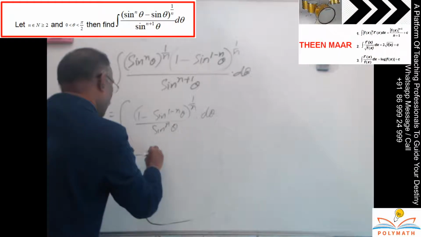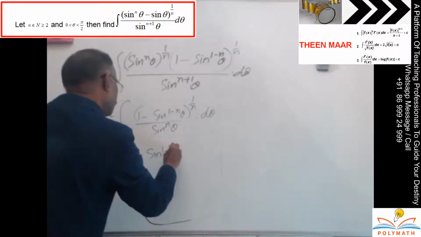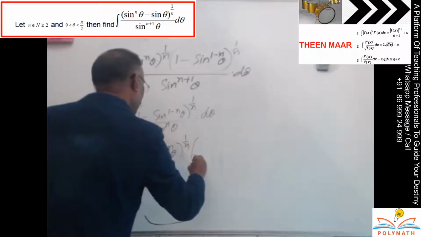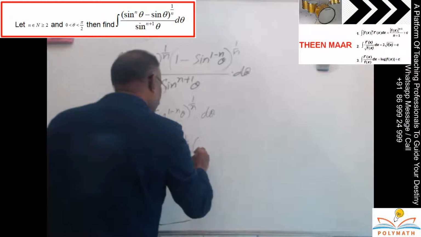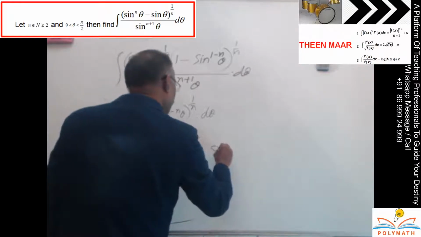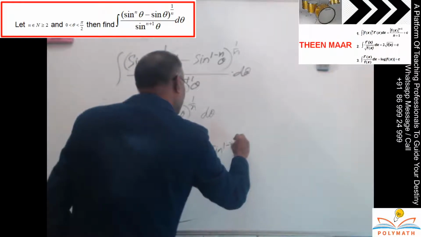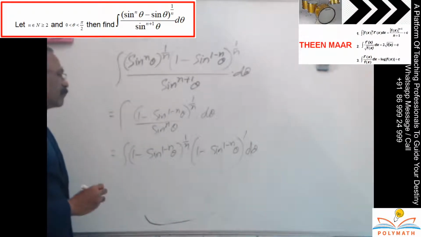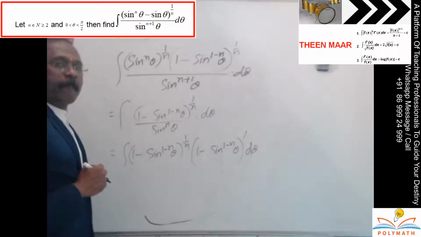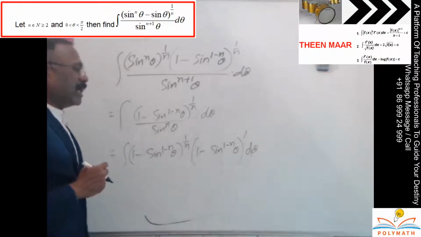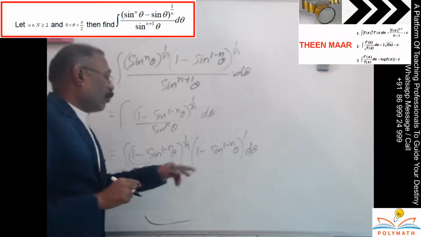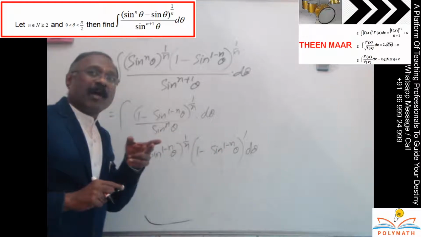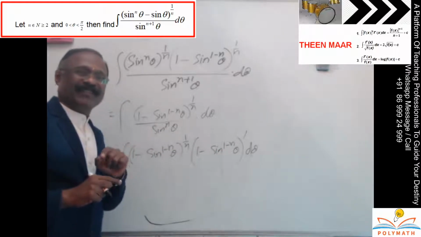1 minus sine 1 minus n theta whole power 1 by n into the derivative of 1 minus sine 1 minus n theta. Let me write that. So what happens? This is 0. What is sine 1 minus n theta derivative? 1 minus n into sine theta whole power 1 minus n minus 1.